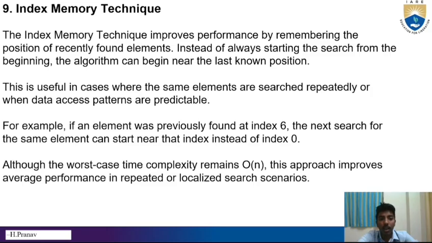For example, if an element was previously found at index 6, the next search for the same element can start near that index instead of index 0. Also, the worst case time complexity remains O(n). This approach improves average performance in repeated or localized search scenarios.